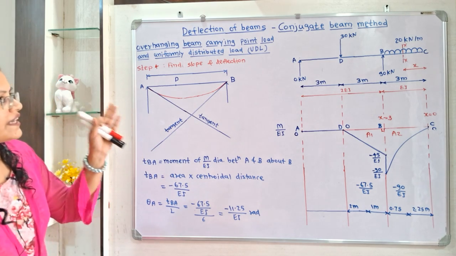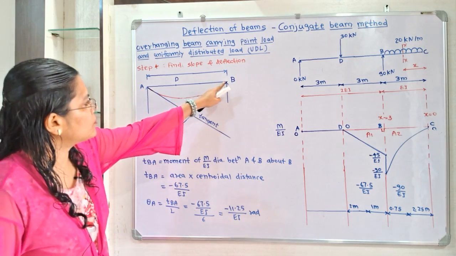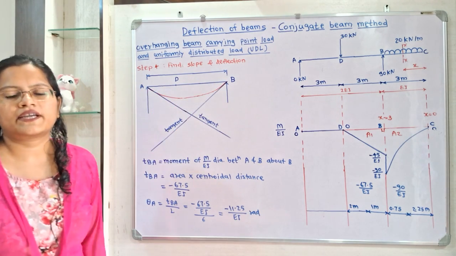Now step 4 is find the slope as well as deflection. If we observe, AB is the simply supported beam, so we have to show this part AB.